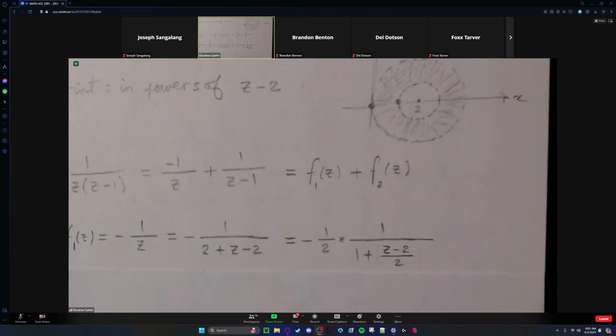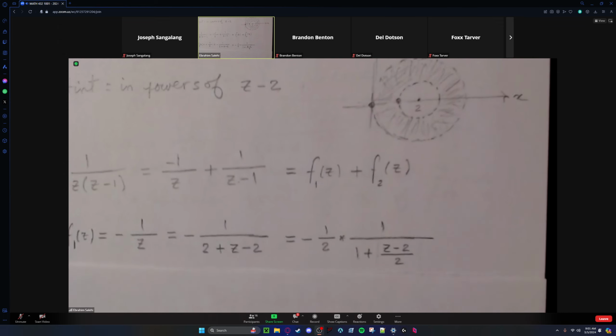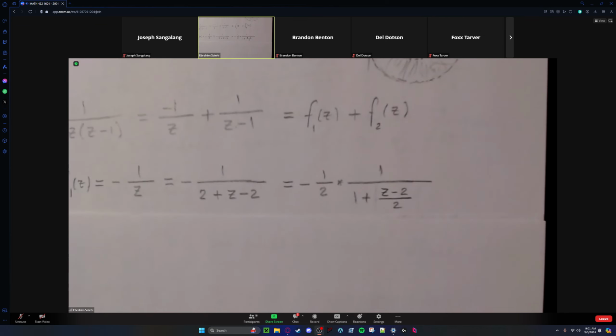But if I want to use that geometric series, the geometric series looks like this: 1 over 1 minus W. And 1 over 1 minus W, whenever modulus of W is less than 1, is going to be 1 plus W, W squared, and so forth.